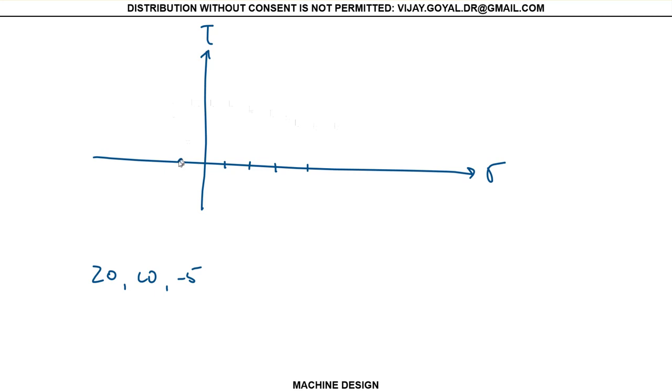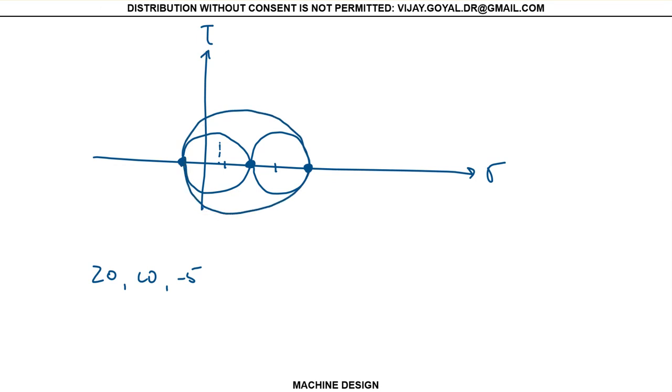Sigma 3 is here, sigma 2 is here, sigma 1 is here. Now you know that the midpoint of this is going to define the radius of this circle. And then you're going to have a big circle. This is your famous Mohr circle.